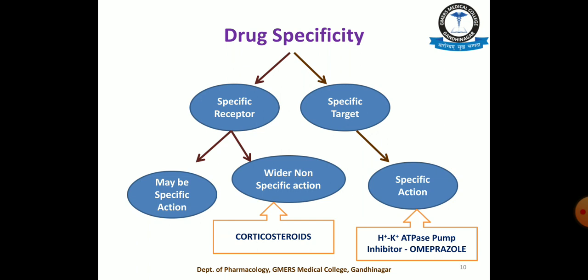The drug is acting on these multiple receptors, and that's why it produces multiple effects. And obviously in the clinical scenario, the drug that is having a specific action is always preferred.